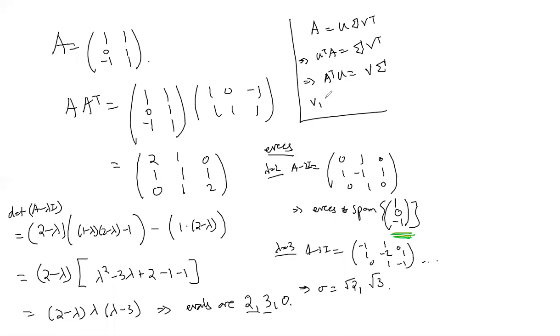So you can set v1 to be A transpose u1 over sigma 1, and v2 to be A transpose u2 over sigma 2. And so you're just kind of doing the SVD in a different order.